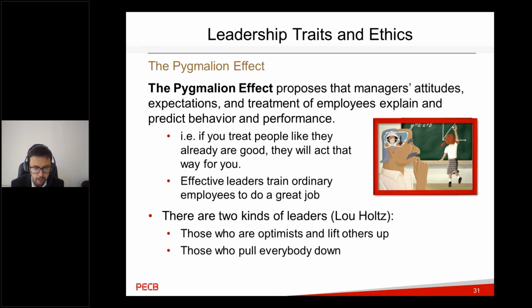A study that has been made to support this concept involved welding students, so physical workers who weld metals. The foreman who was training the group was given the names of certain students that were supposedly quite intelligent and expected to do well.